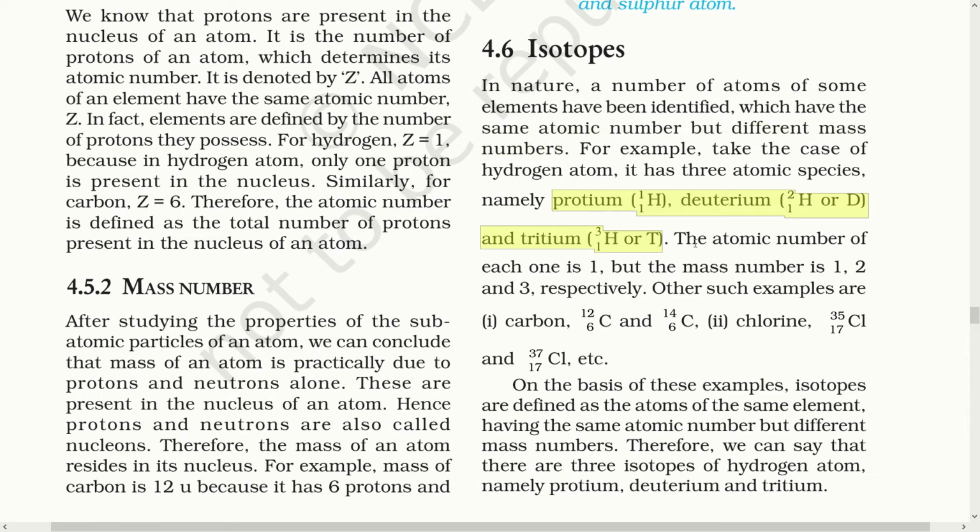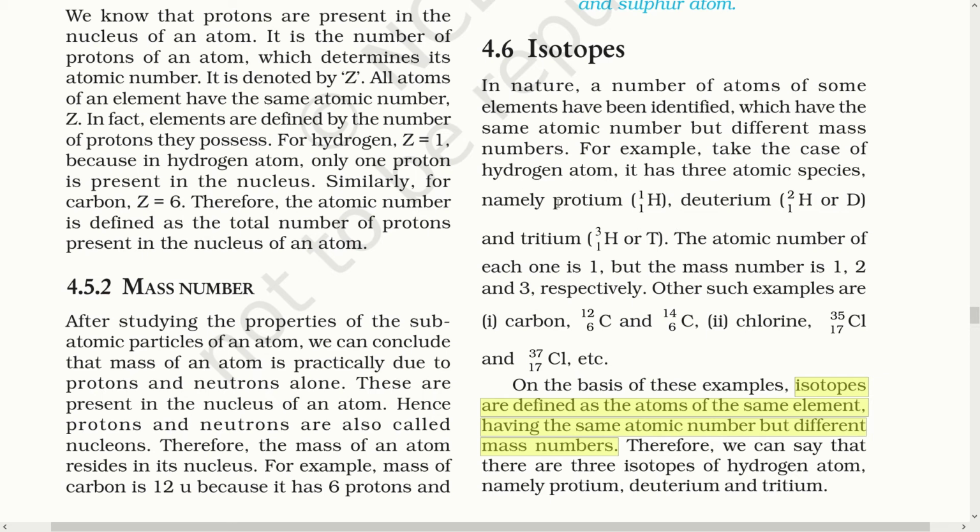The atomic number of each one is 1, but the mass number is 1, 2 and 3 respectively. Other such examples are carbon, chlorine and so on. On the basis of this example, isotopes are defined as atoms of the same element having the same atomic number but different mass number. Their mass number changes, children, because of the presence of neutrons.